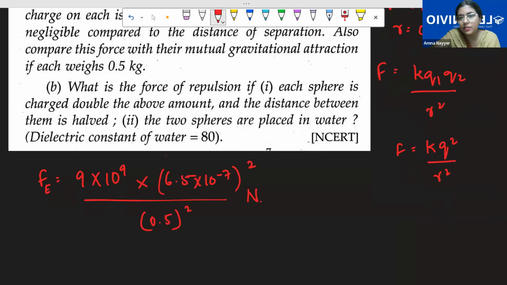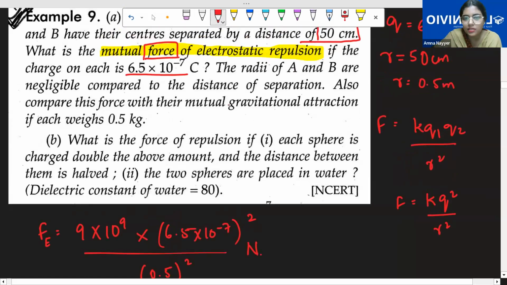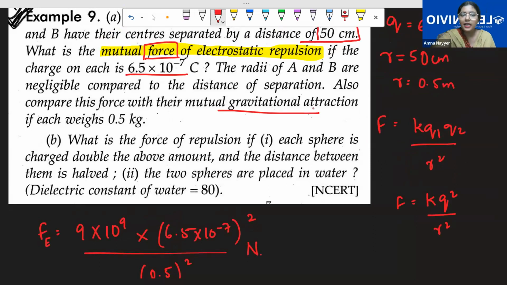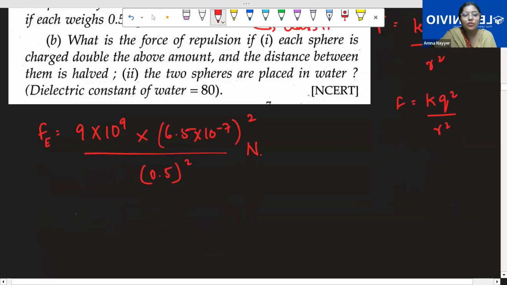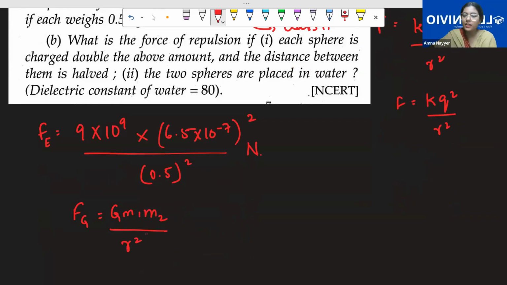Now the question doesn't stop here. That's why I just took this question, because here there's a concept of gravitational attraction. It says if the mass of both the spheres are given as 0.5 kg, you tell us the gravitational attraction. This is all related to your class 11, this gravitational concept you did in class 11th, if you remember. So gravitational force is equal to capital G M1 M2 divided by R square.